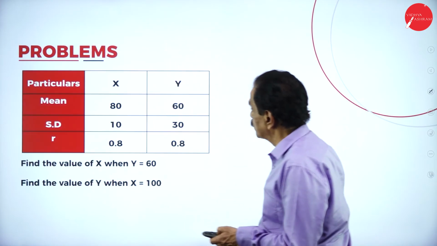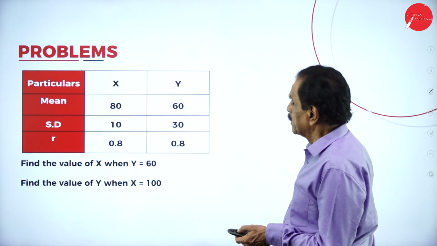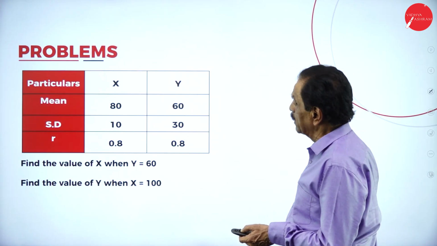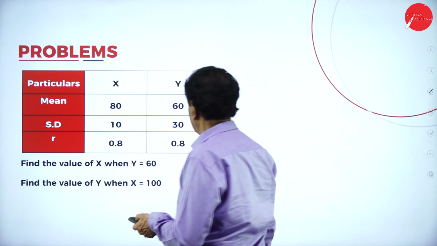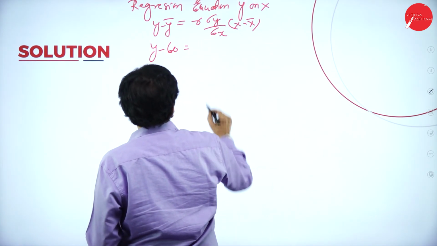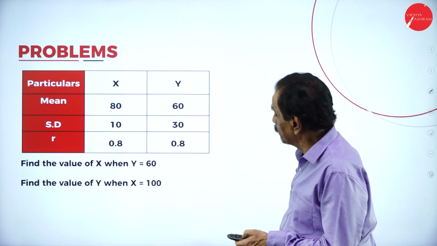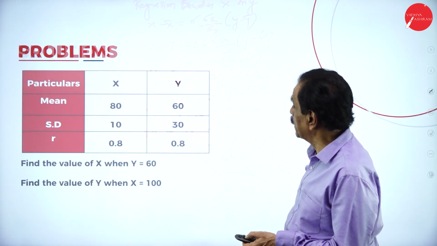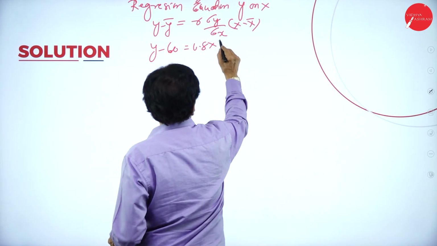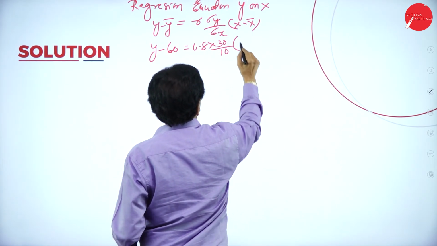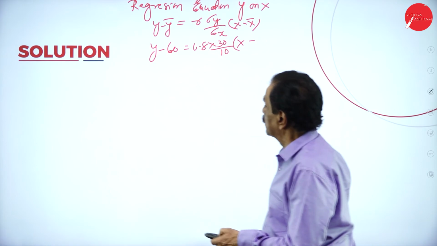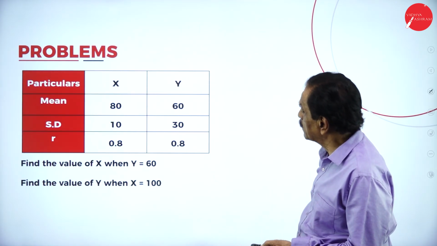R is equal to 0.8, standard deviation y divided by standard deviation x, into x minus your x mean, which is 80.